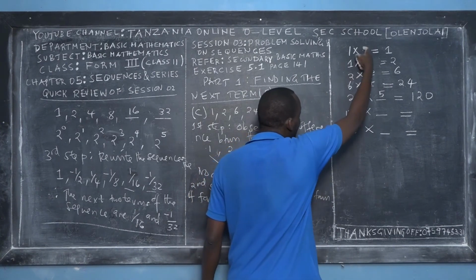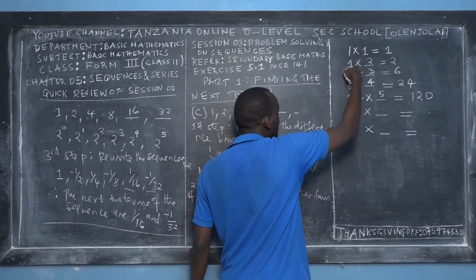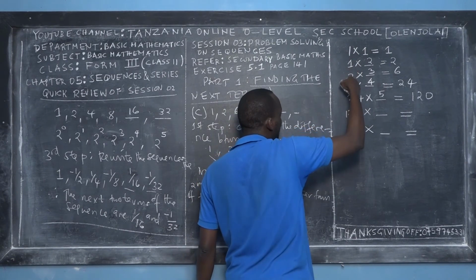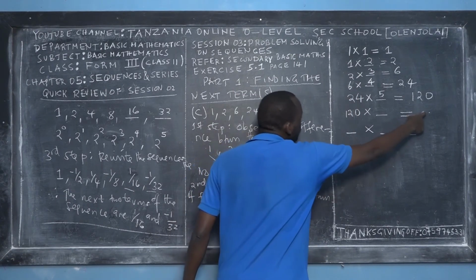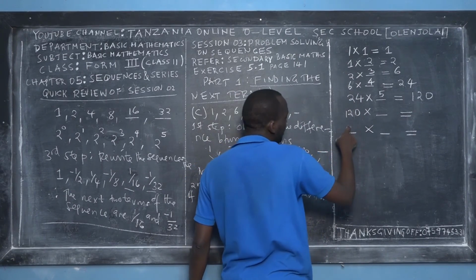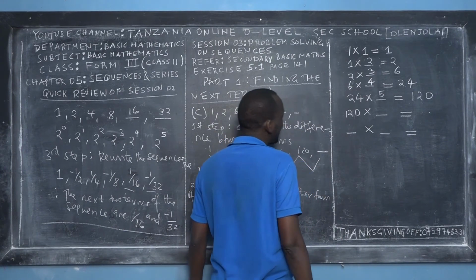We have to analyze this sequence because these are the terms: first term, second, third, fourth, fifth. So the fifth term will be the multiplier in this case. So it means that we have to analyze.